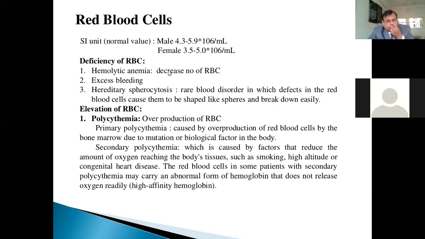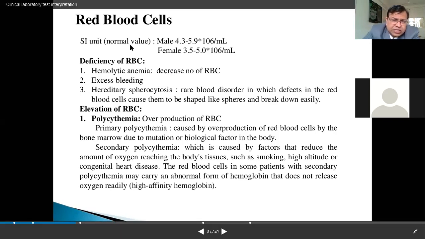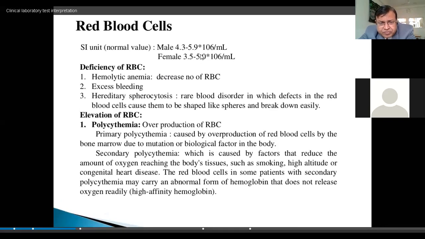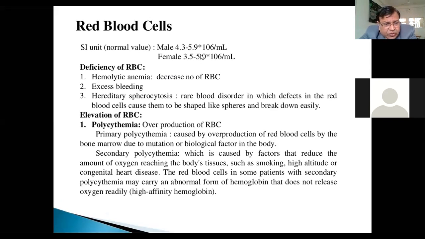So smoking is a bad habit which affects the patient values, and it increases the RBC count as well as the hemoglobin count. If you are living at a high altitude or have any heart disease, then also the chances of RBC count increasing are there.